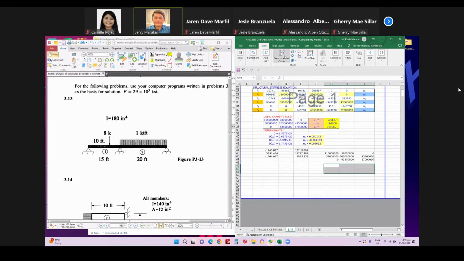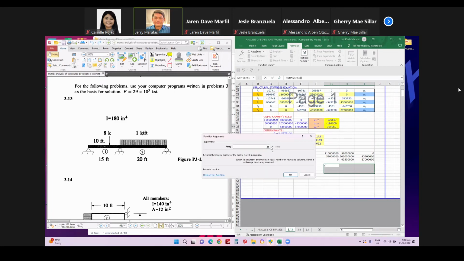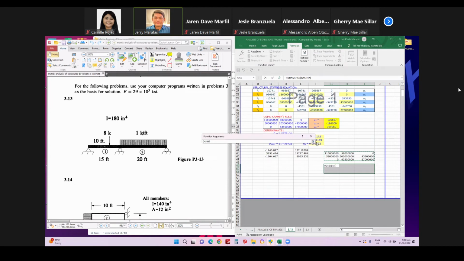In short, that's one to on. Kasi itong functions na po. And inverse. To get this away.